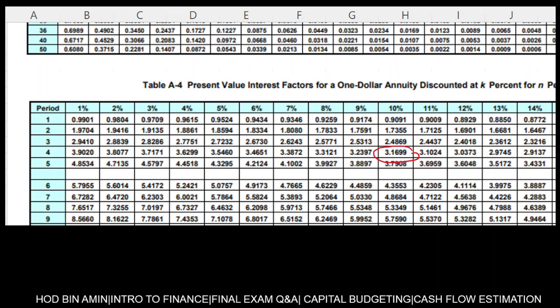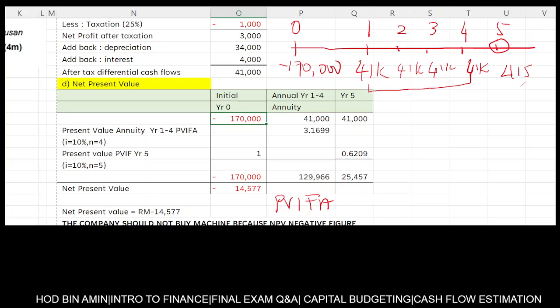Then you get 3.1699. Then you will get 41,000 times 3.1699. You will get 129,966.